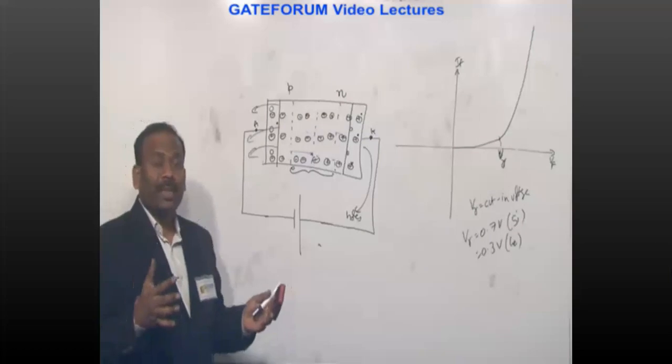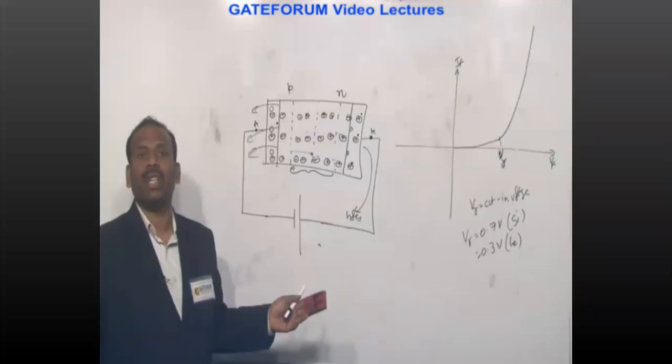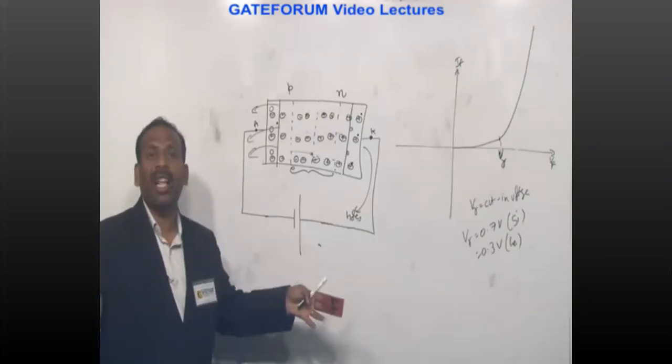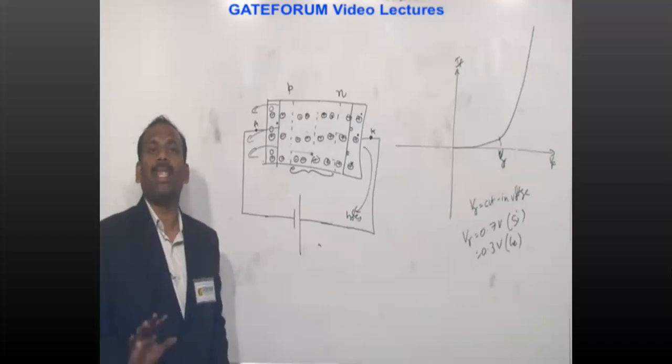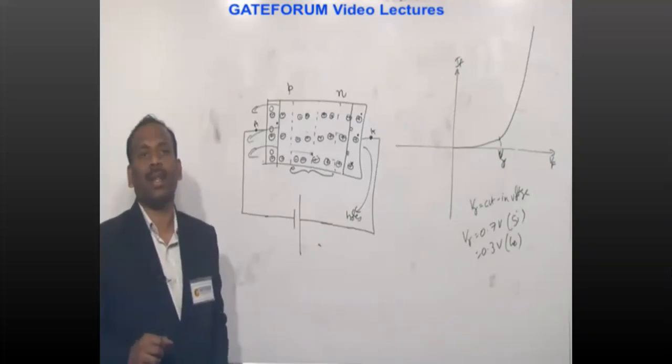If you apply reverse voltage, the charge carriers are moving away from the junction, therefore the width of the depletion layer increases. Majority carriers are not crossing the junction.